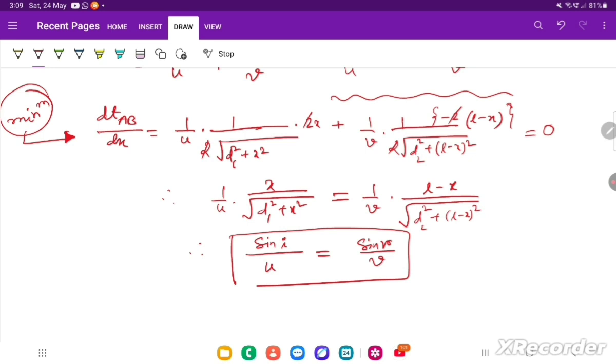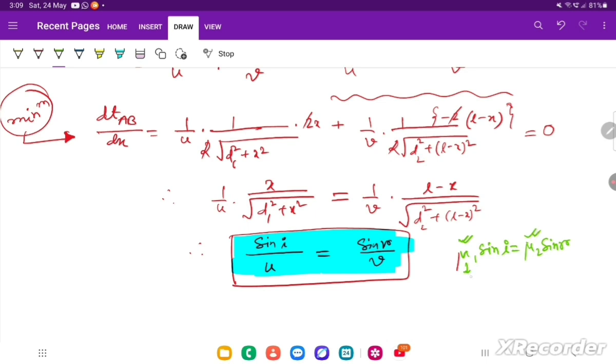So this is nothing but the mathematical form of Snell's law, isn't it? What do we write in Snell's law? We write it as mu1 sin I equals mu2 sin R, where mu1 is the refractive index of medium 1 and mu2 is the refractive index of medium 2.